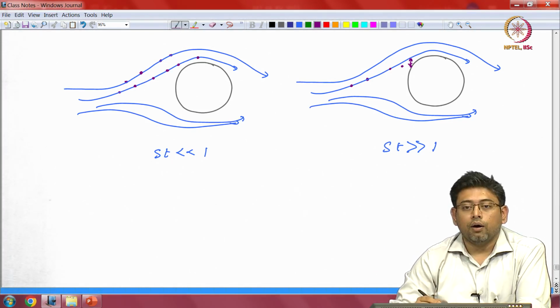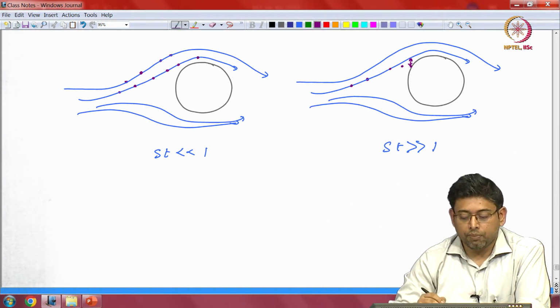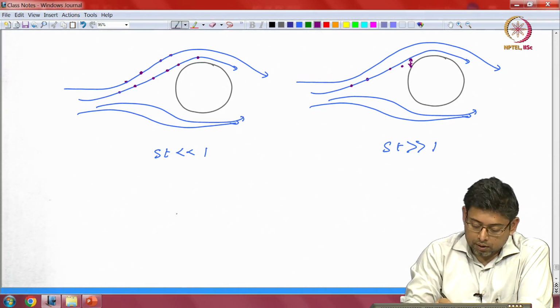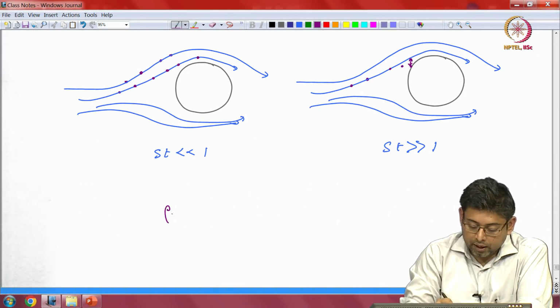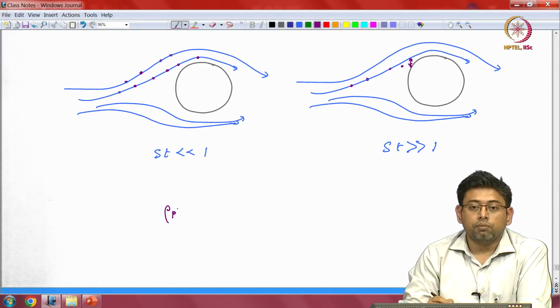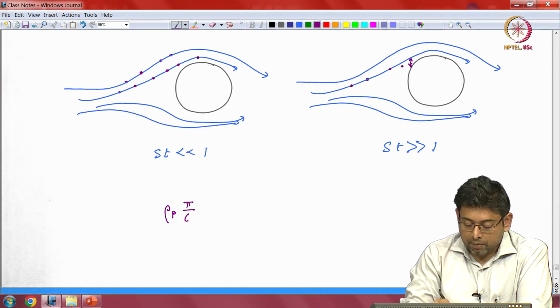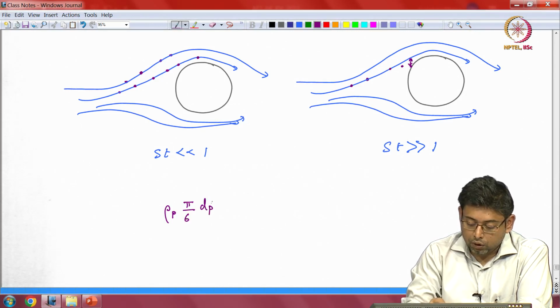So we have to write the equation of motion for such a particle. So we have to basically write F equal to ma. For a particle of density, let's say rho p, my total mass is rho p pi by 6 dp cube.